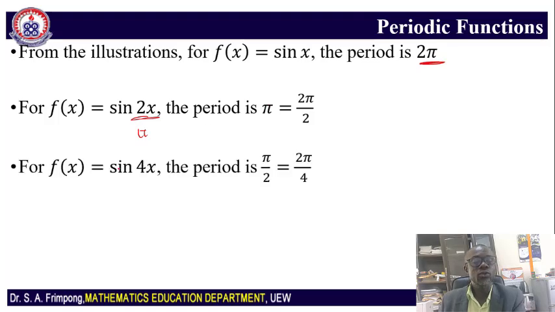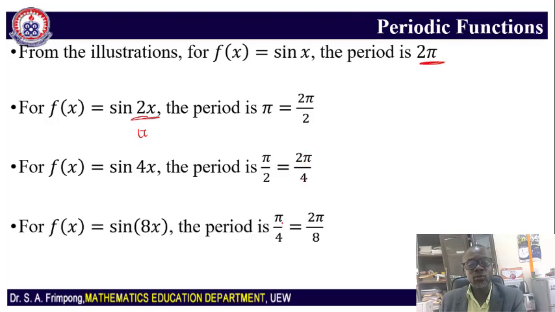And then we also saw that the period of sine 4x was pi on 2, and it is the same as 2 pi over 4. And the period of sine 8x was pi on 4, which is the same as 2 pi over 8. So this 2, this 4, this 8 are the coefficients here. And the 2 pi is the period of sine.